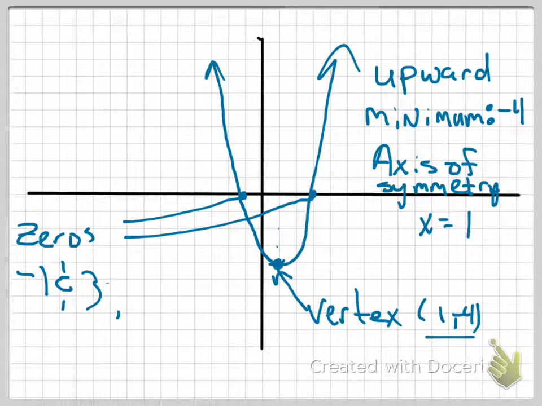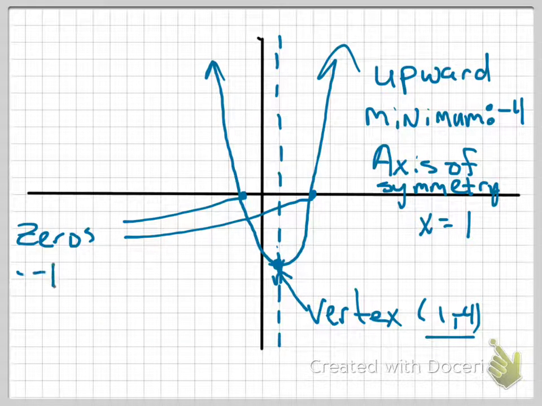So in this case, it's x equals 1. That is the line that will divide the quadratic into 2 equal halves. So keep that in mind. Again, it's upward, has a minimum value of -4 because the vertex is at (1, -4), axis of symmetry at x equals 1, and it has 2 zeros, one at -1 and another at 3.